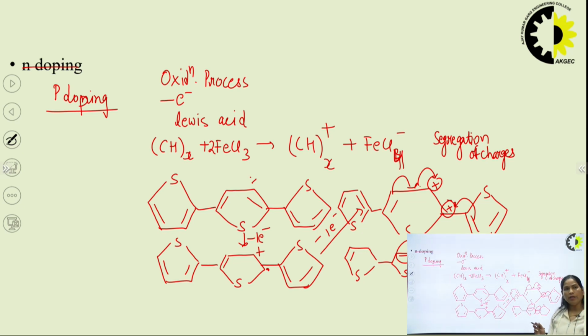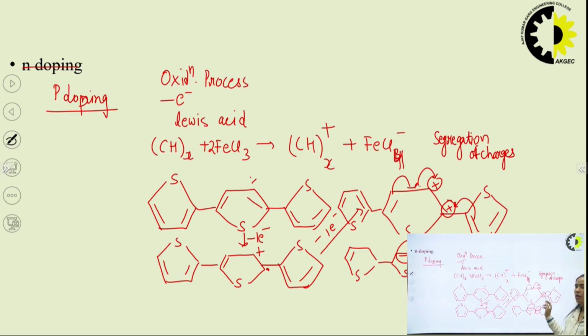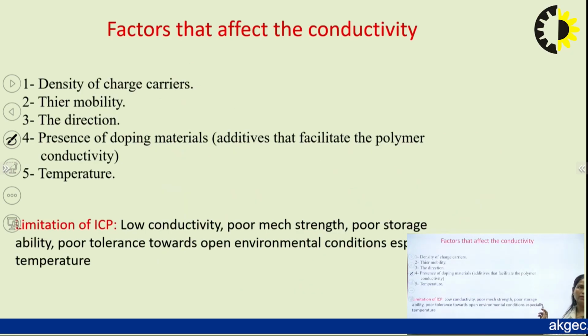So in N doping, reduction process occurs, and in P doping, oxidation process occurs.